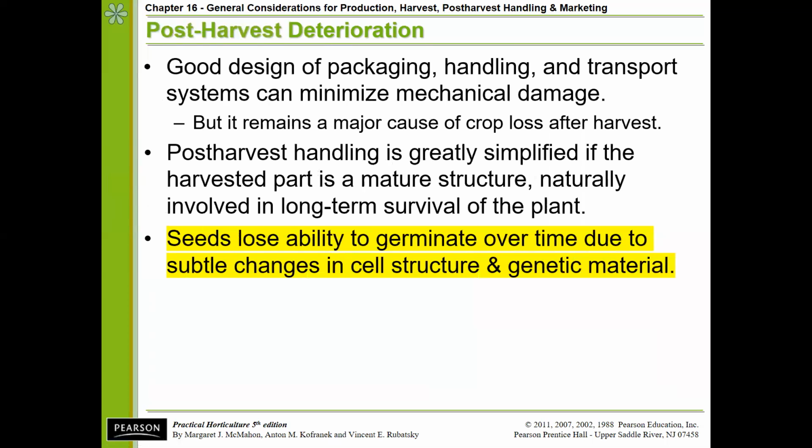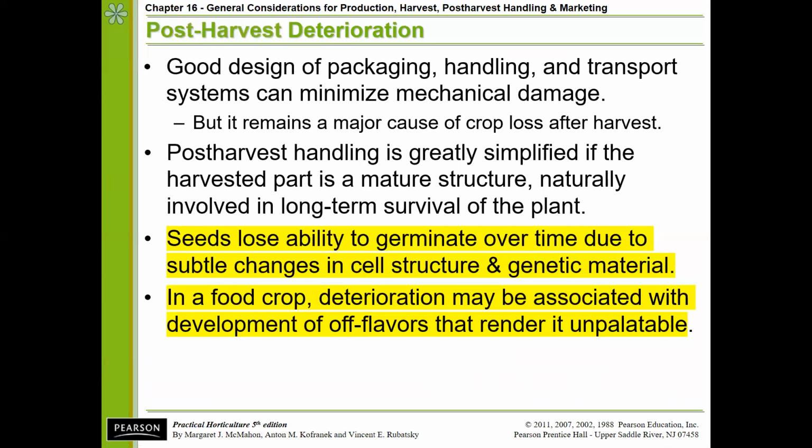If we're harvesting seed itself, and we don't put the proper harvest and post-harvest measures in place, then they can lose their ability to germinate over time. That's mostly due to subtle changes in the cell structure and genetic material of the plant. For food crops, that deterioration is often associated not necessarily with the damage itself, but with other factors that could lead to off flavors or in some cases even make it inedible completely.